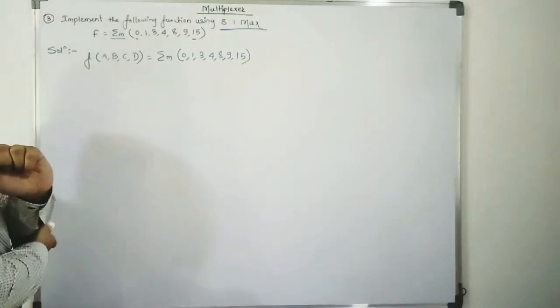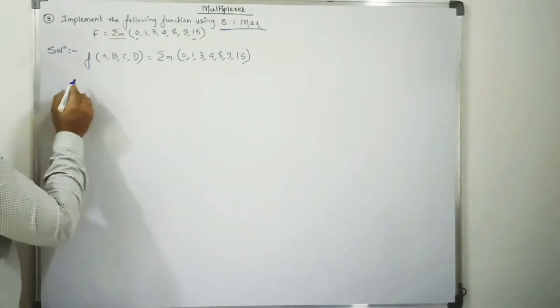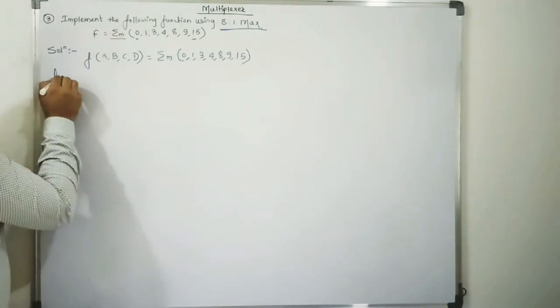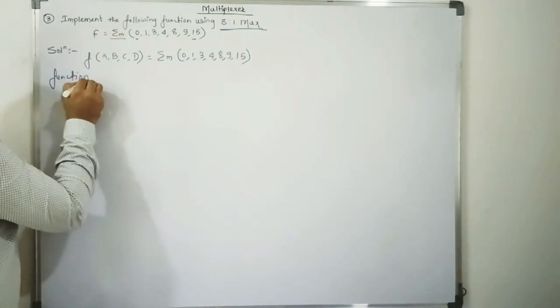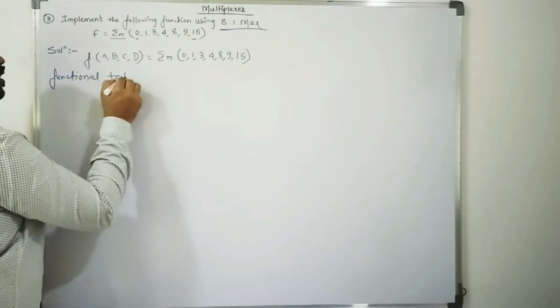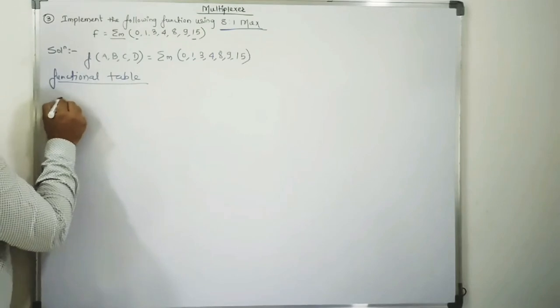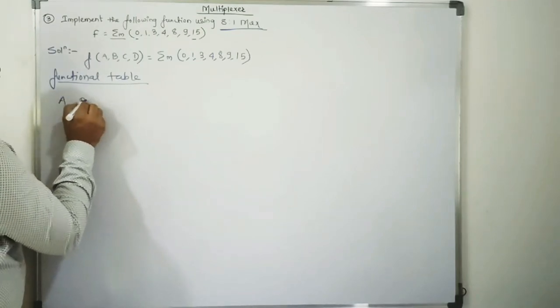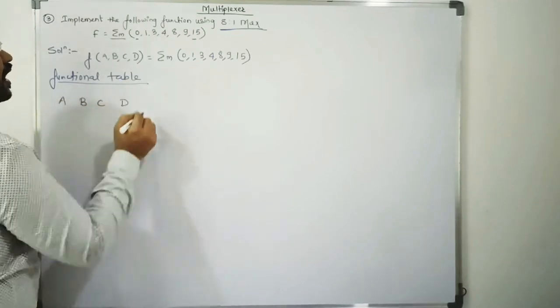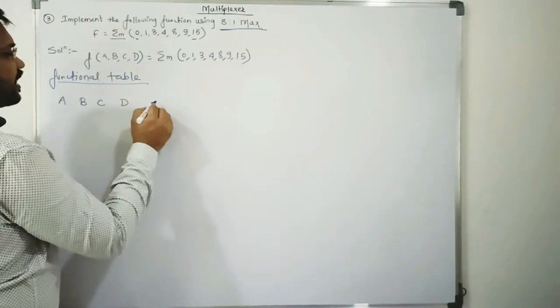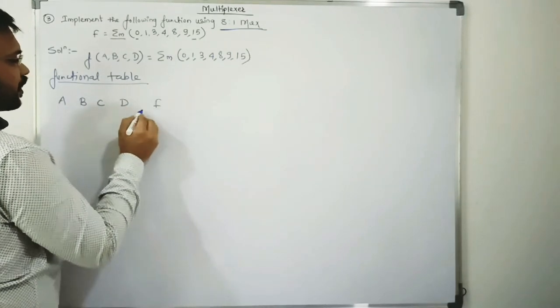For that we have to just draw the functional table. The functional table consists of the inputs a, b, c, d, and the output, I must say the function f.